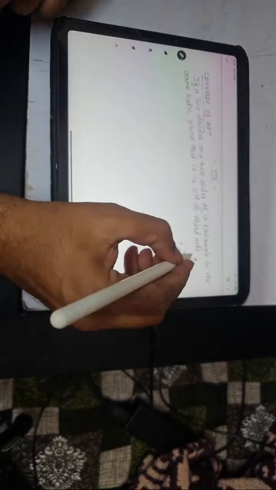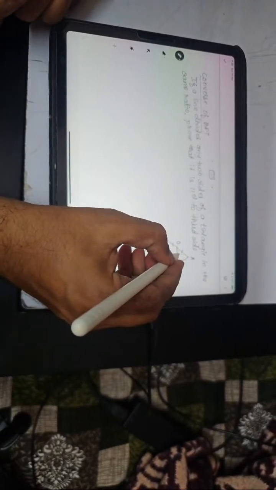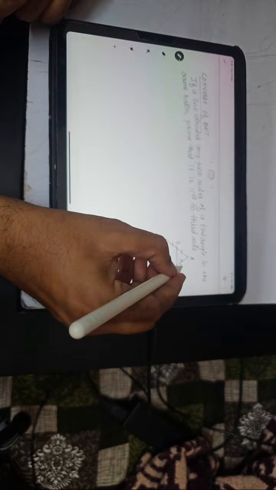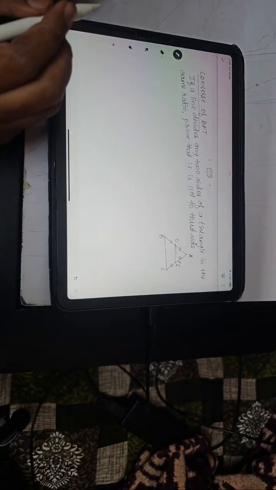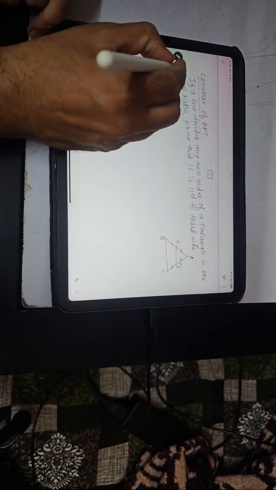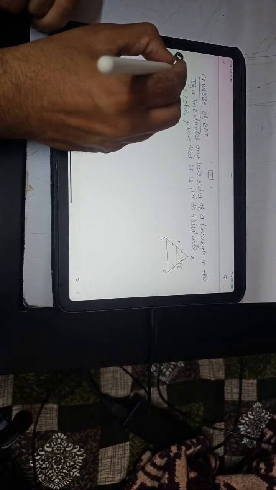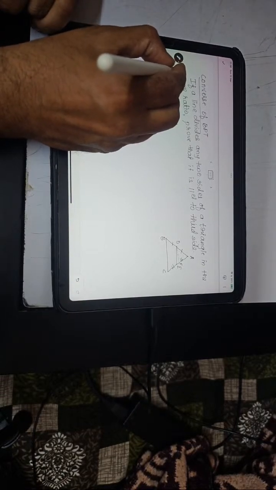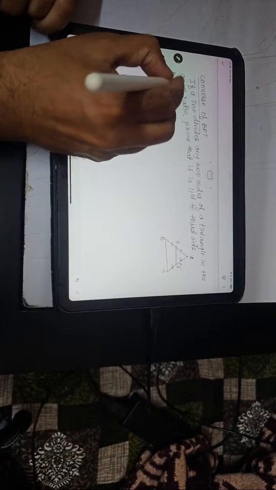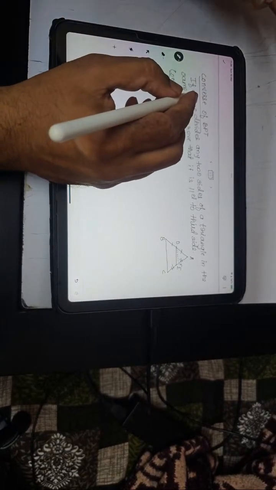So see, here I will do the contradiction method. I am taking some point D, F, which is the center. So see, now the construction: I am not writing 'to prove' because that is given.